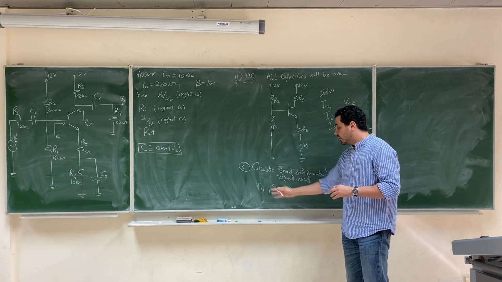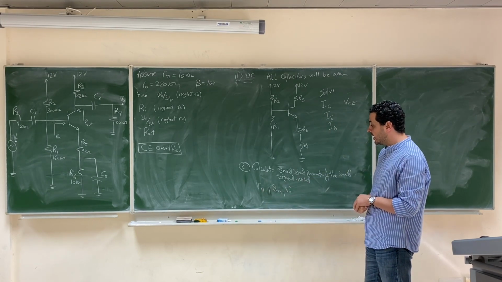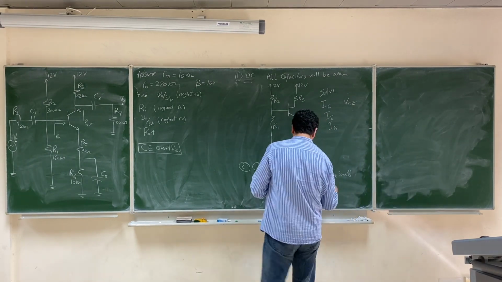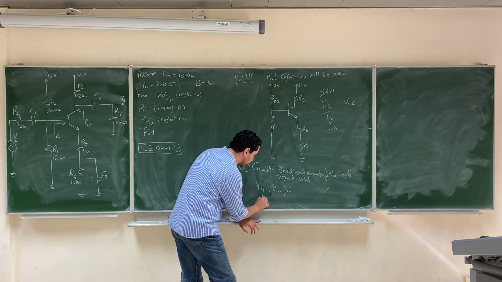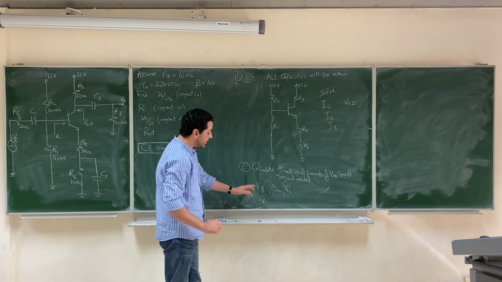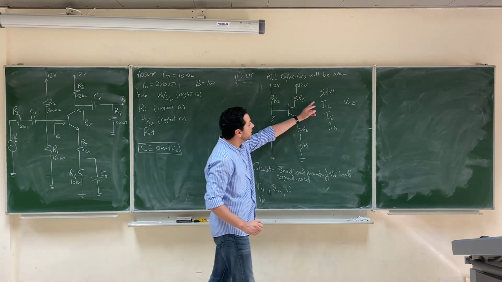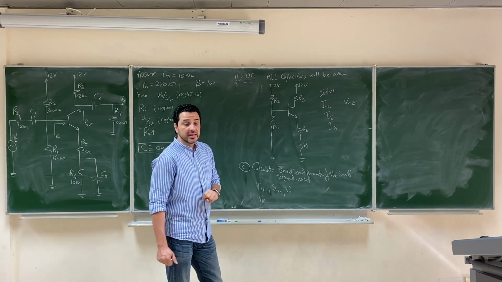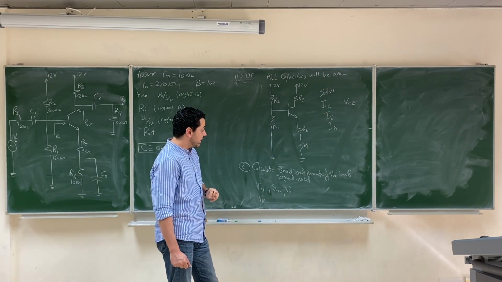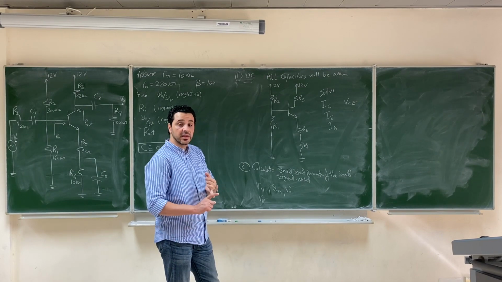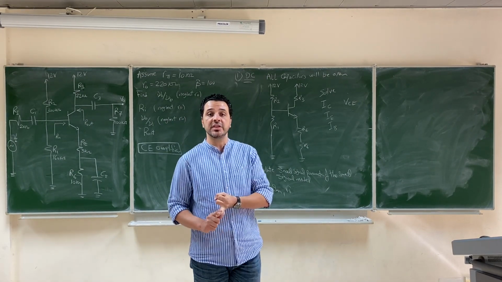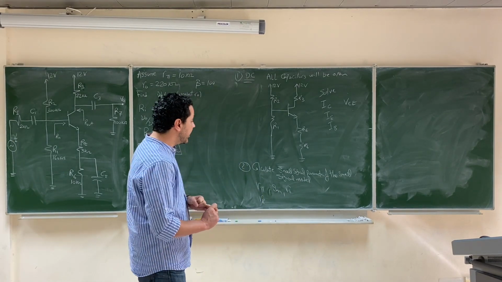This is if you are going to use the pi model in order to solve the AC. If you are going to use the T model, then instead of R pi, you need to calculate RE. And in order to calculate these parameters, you will need these DC currents, in addition to the early voltage and the thermal voltage VT, which is 25 millivolt.